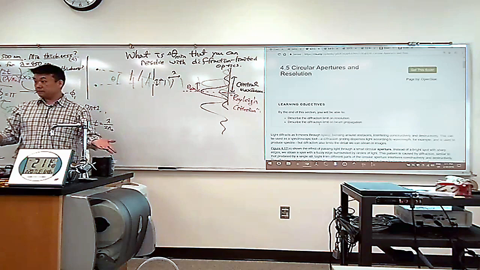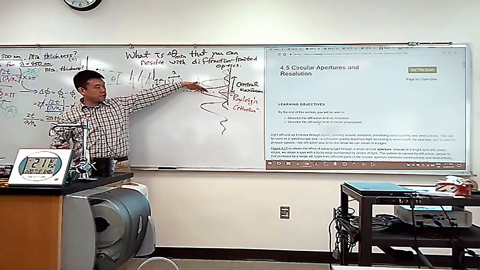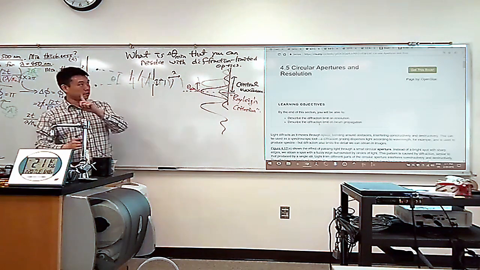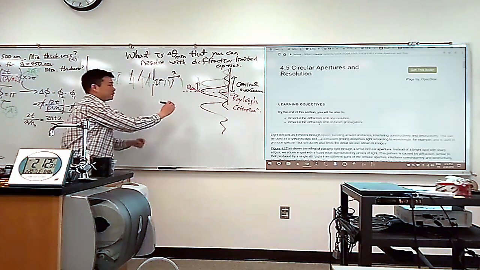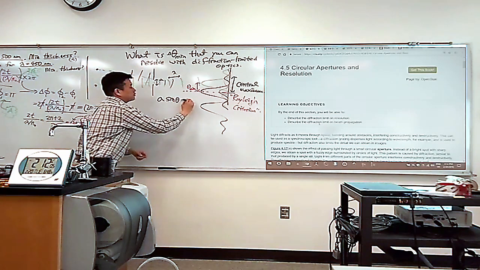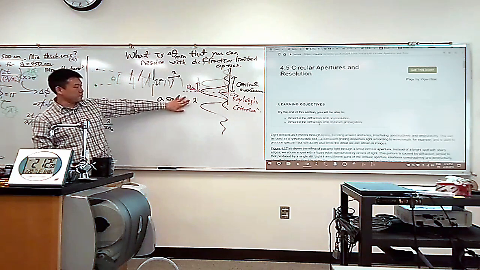So in fact, this theta min is the angular position of the first diffraction minimum, right? The equation for diffraction that I remember, for destructive interference, is A sine theta equals n lambda. For the first minimum, n is going to be equal to 1.